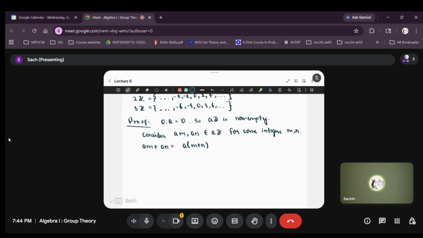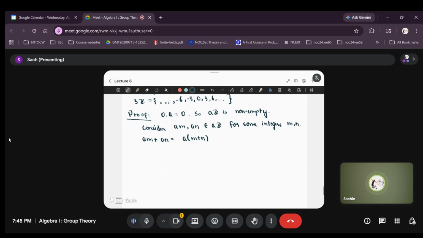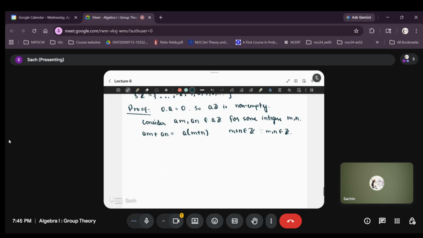That's from the properties of integers. And since m and n are integers, m plus n belongs to Z. The sum of two integers is an integer. So am plus an is also a multiple of a. So this belongs to the set aZ.